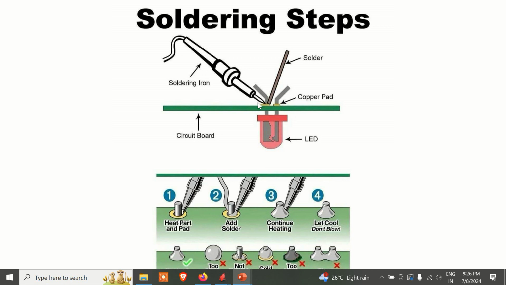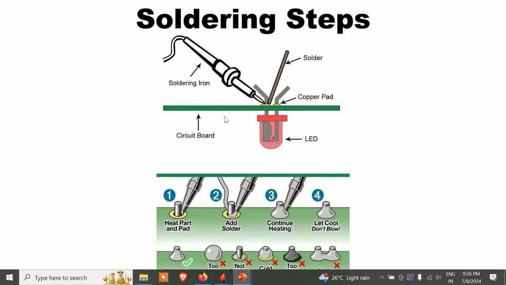Wherever you want to solder the pad, the soldering gun is approximately 45 degrees, the solder metal is again 45 degrees, and both should be placed on the pad and heated on the copper pad itself.